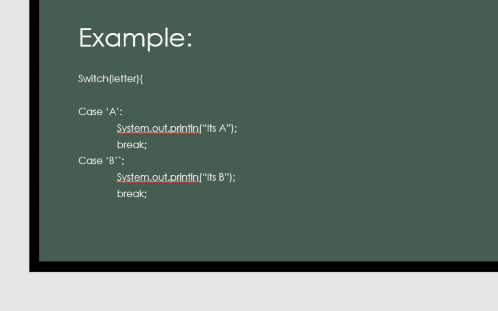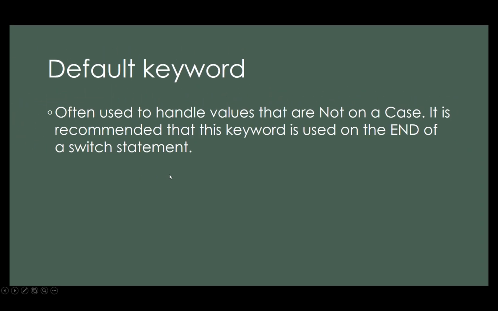And then, the default keyword. What is the default keyword? It is often used to handle values that are not in a case. So if the value of our variable is not in the cases we put, then the default will be used.